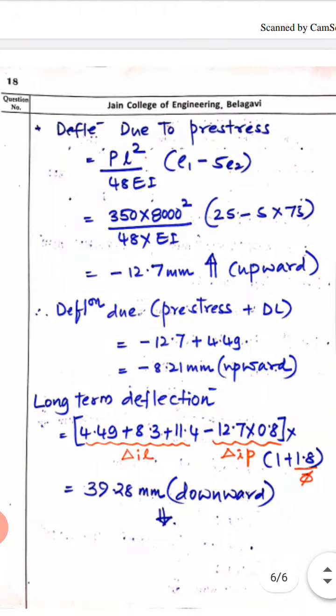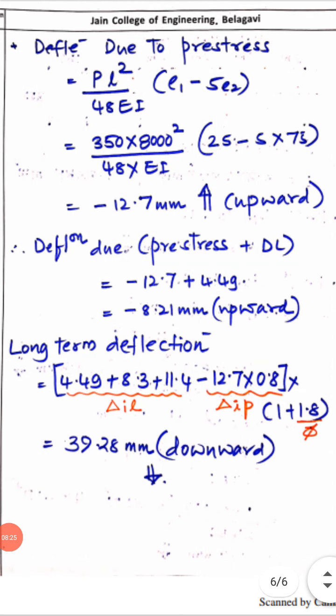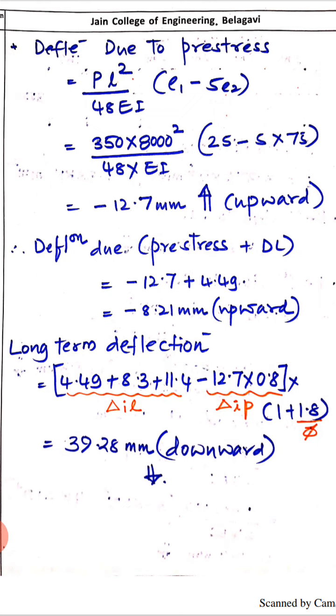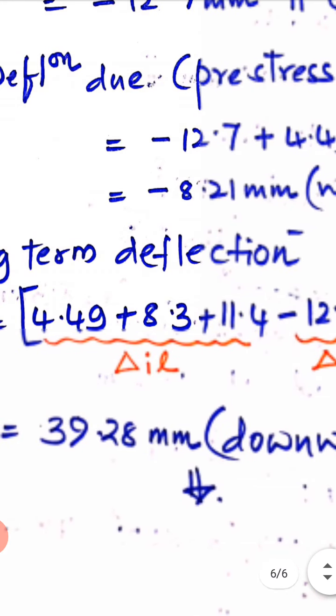Okay, the next is long term deflection again. So in long term deflection it is again delta IL minus delta IP. So same here, delta IL is due to load, so 4.49 because of dead load, and 8.3 plus 11.4, these are because of the point loads. We got delta IL as 4.49 plus 8.3 plus 11.4.